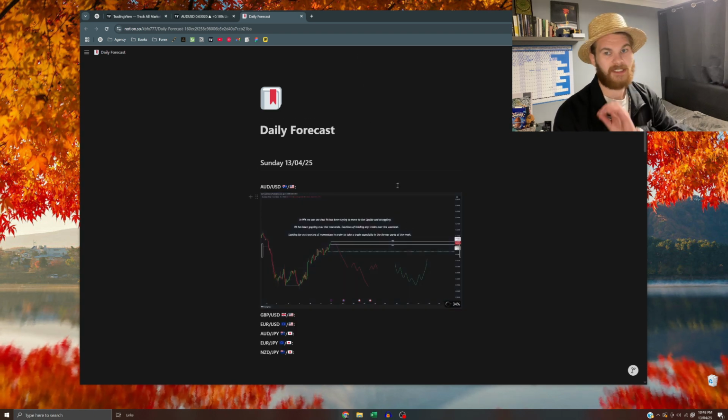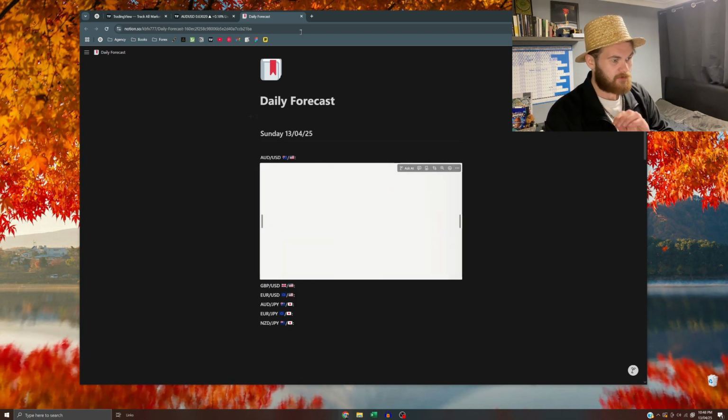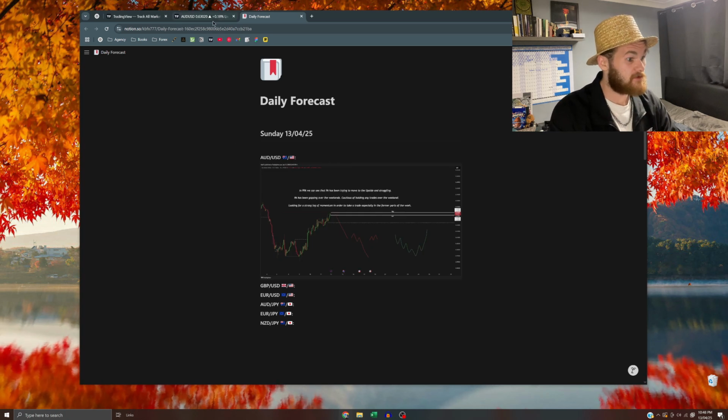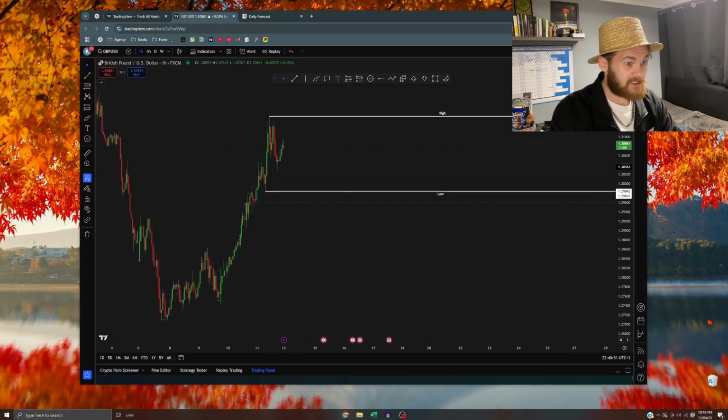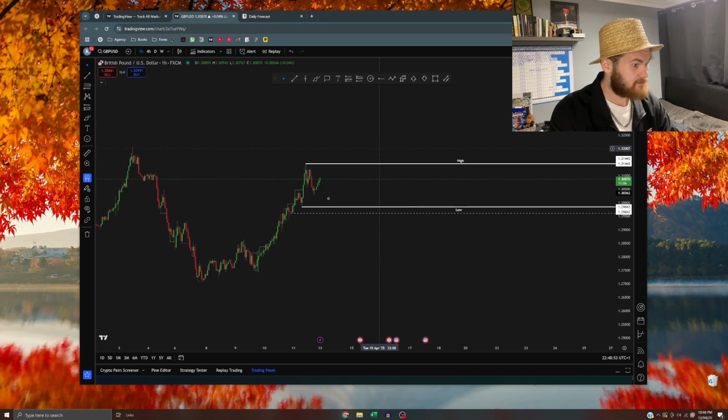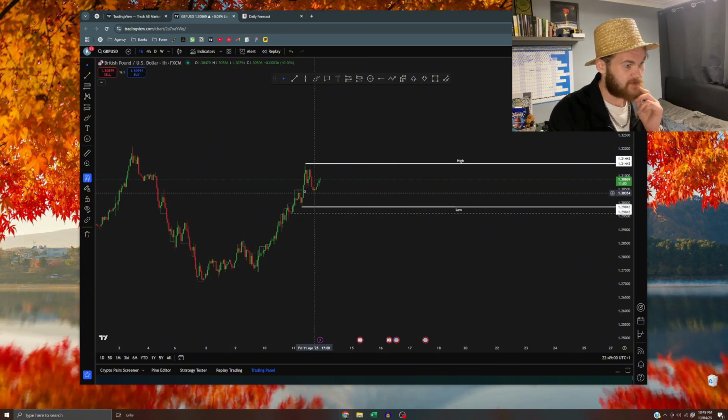So this is just AUD USD, and I'll quickly walk you guys through the rest of the pairs as well. On Great British Pound US Dollar, we were getting a nice leg of momentum to the upside, and then we started to break, retrace.